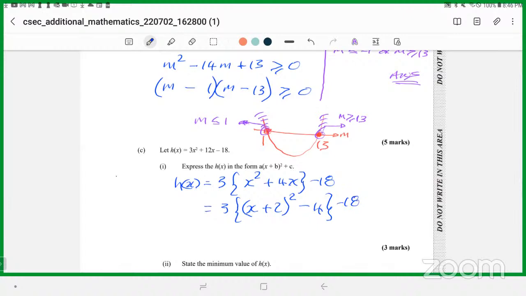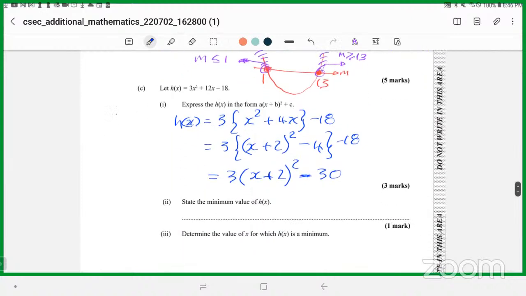Then we expand. See, we don't get a lot of space to work with. We're going to expand 3 times this first. Let's put just one thing: 3 into x plus 2 squared. This is 3 times 4, that's 12. 12 and 18 is 30, so it's minus 30. Did you get that?